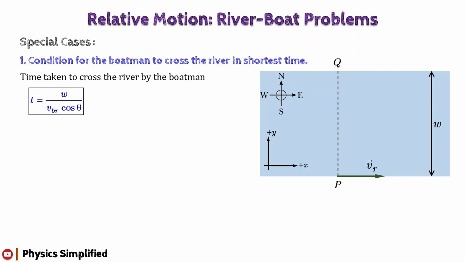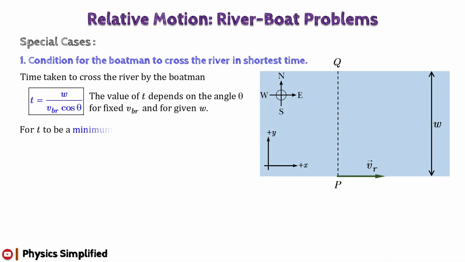So, from the equation we find that the time of crossing the river depends entirely on the value of theta for a fixed value of w and v suffix br. Therefore, the time of crossing the river will only be a minimum if the value of cos theta is a maximum. Why? Because, for given values of w and v suffix br, the maximum value of cos theta gives the minimum value of the given fraction.